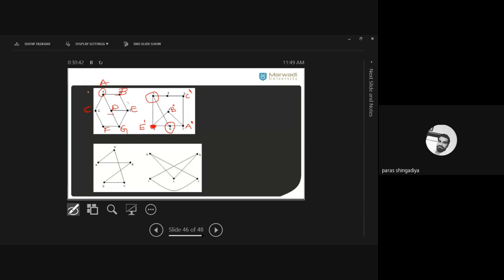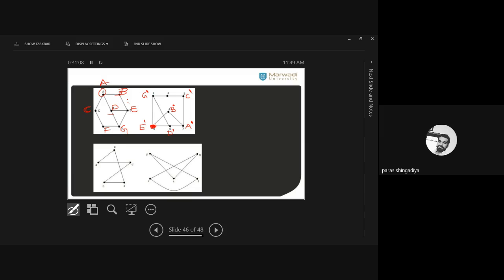So this vertex is not a place for G dash. That is the place for G dash and this is the place for D dash.